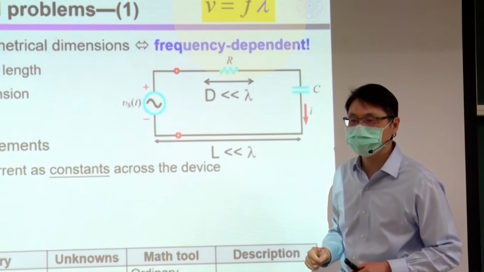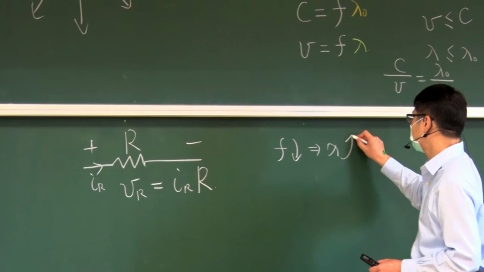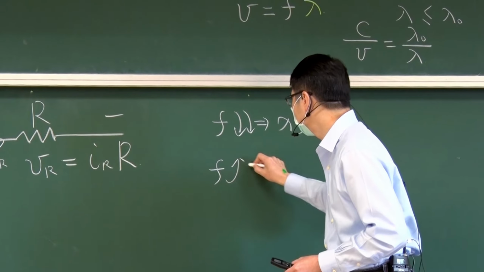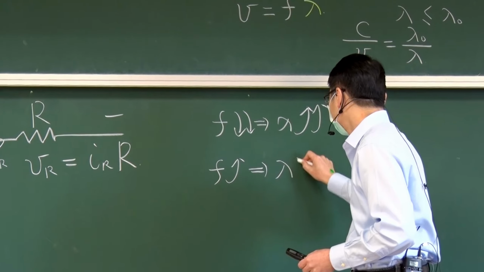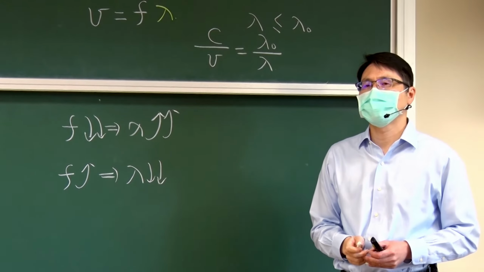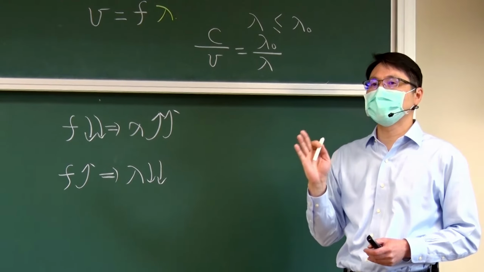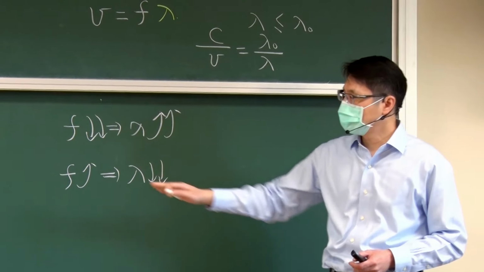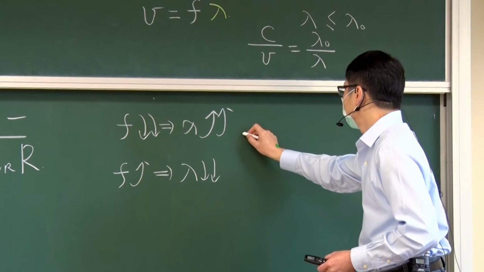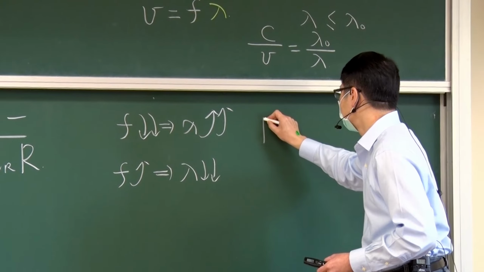What do I mean by that? If your frequency is low, then your lambda is very long. If your frequency is high, then your lambda is very short. So what is going to impact this solution form? For example, I have a resistor.